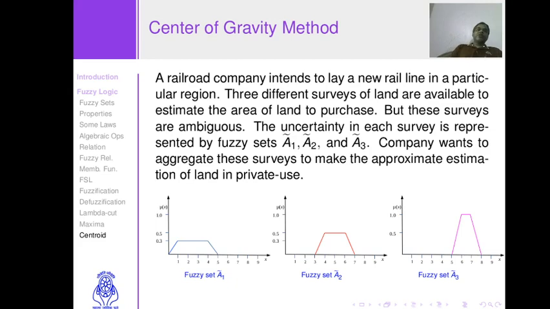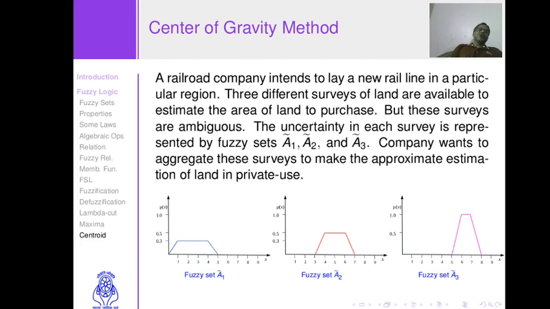In a particular region, suppose 10 years back it was agricultural land, now it is a residential area. So over time, land use has changed. If your surveys are old, then you cannot consider them accurate surveys, rather these are fuzzy surveys, because it is expected that in many parts land use has changed.